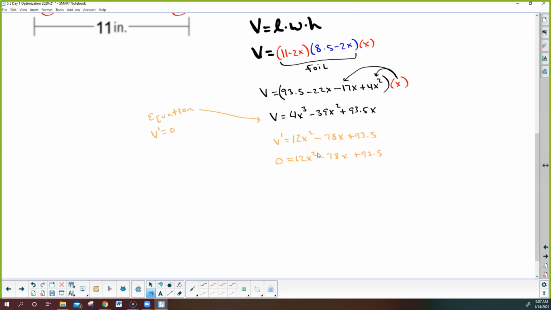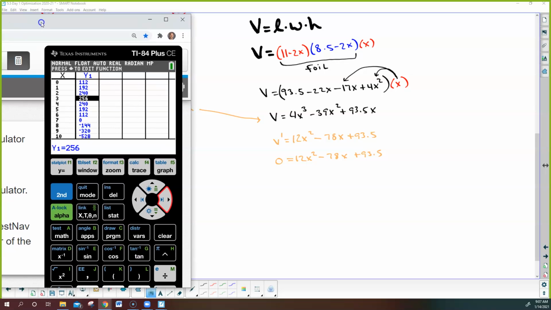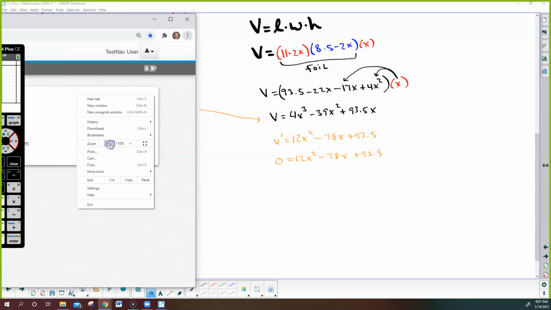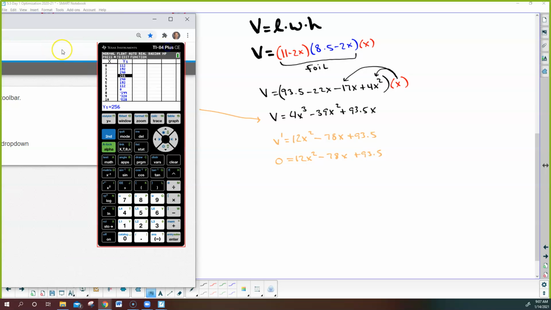So now here's the point where, because of the 0.5, I'm not even going to pretend that I want to try to factor this. So I'm going to grab my calculator. Now you could use the quadratic formula, but this would most likely be a calculator problem. And what we're going to do is just graph this and find the zeros, right?